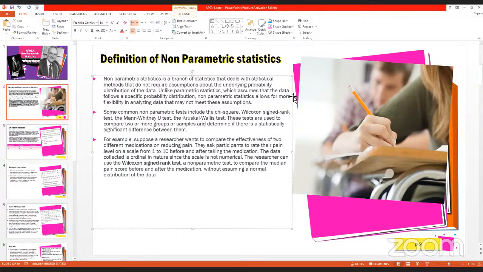So the data collected is ordinal in nature, since the scale is not numerical. So for non-parametric, we use an ordinal scale, right? The researcher can use the Wilcoxon signed-rank test, a non-parametric test, to compare the median pain score before and after the medication without assuming a normal distribution of the data.